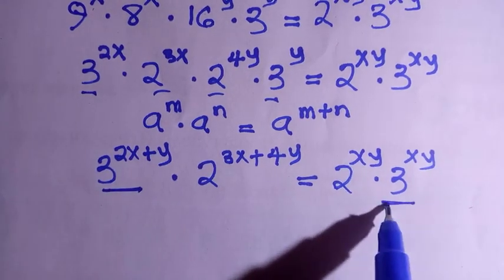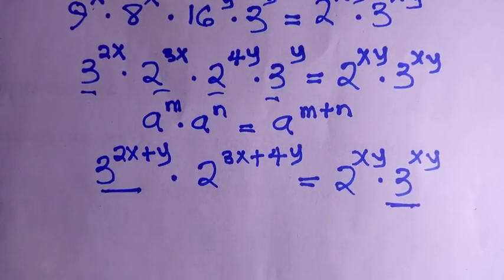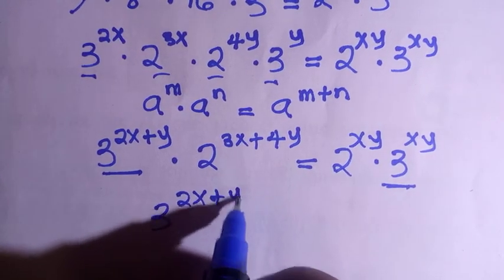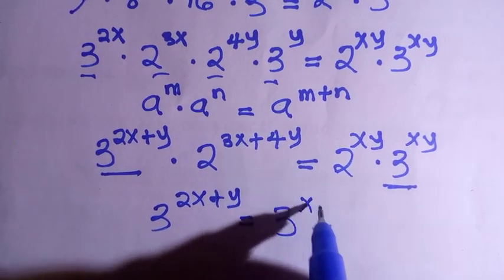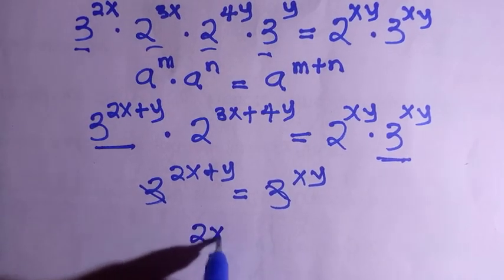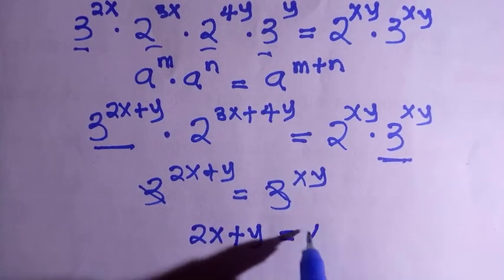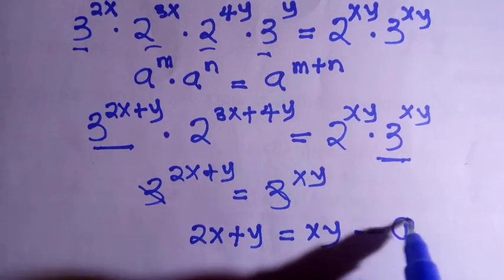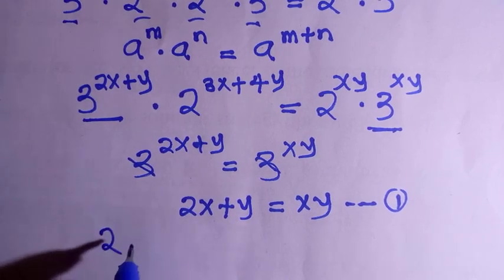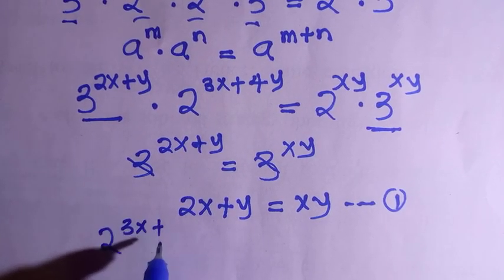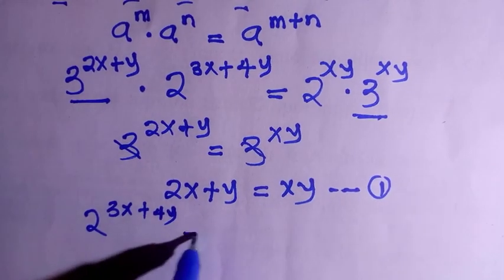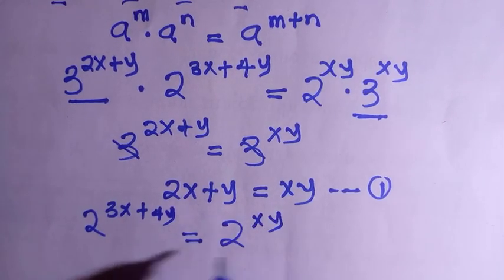If we combine these, let's say we are going to equate them since they have common base. Here we have 3 to the power of 2x plus y equals 3 raised to the power of xy. By cancelling the base, we have the power 2x plus y equals xy. We consider this as the first equation. For the second one, 2 to the power of 3x plus 4y equals 2 to the power of xy.